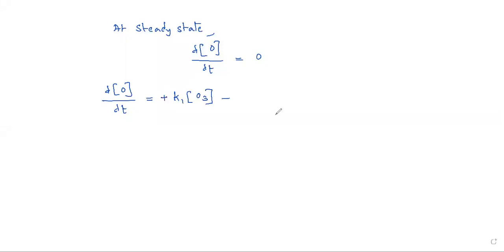Then in the second step, it is reacting along with O2. So this can be written as minus K2 into O2 into O. In the third step also, it is reacting along with ozone, O3. So minus again K3 into O3 into O, right? So this can be given as equal to 0 as per the steady state approximation. It is given as 0.